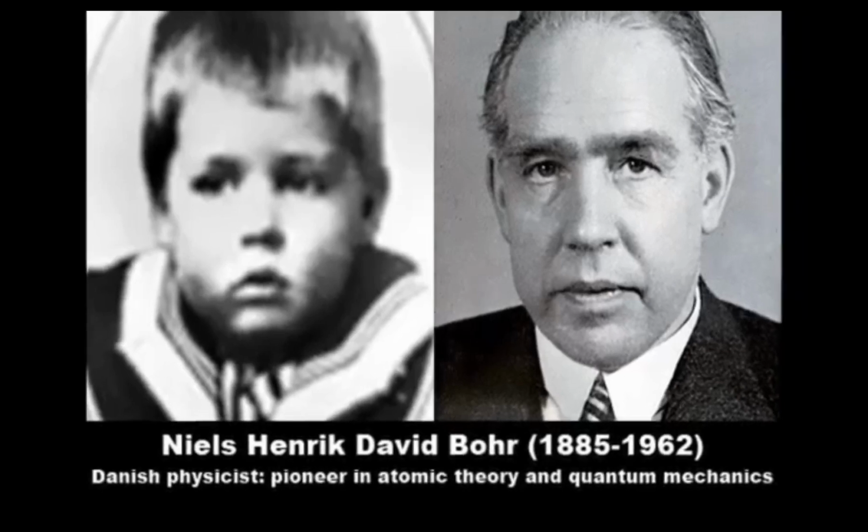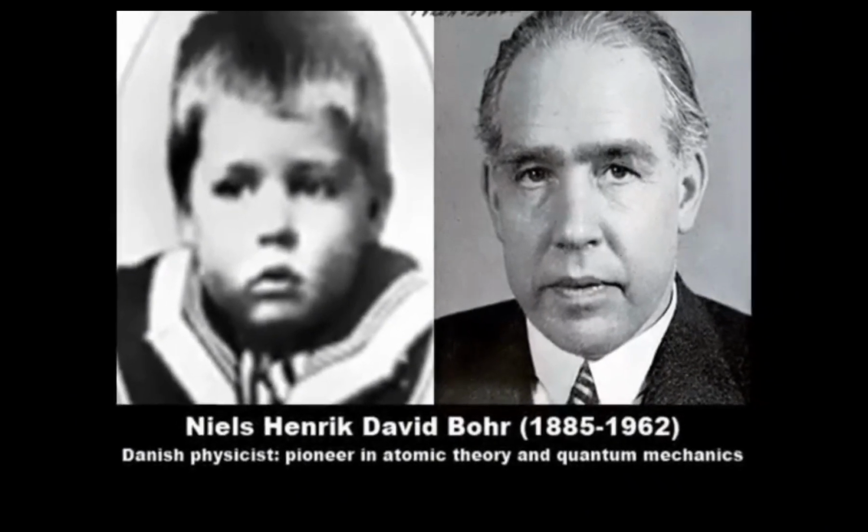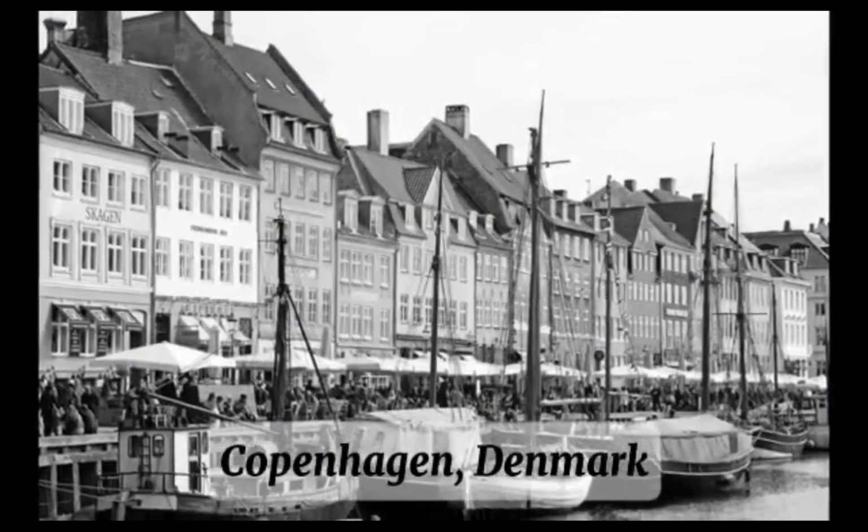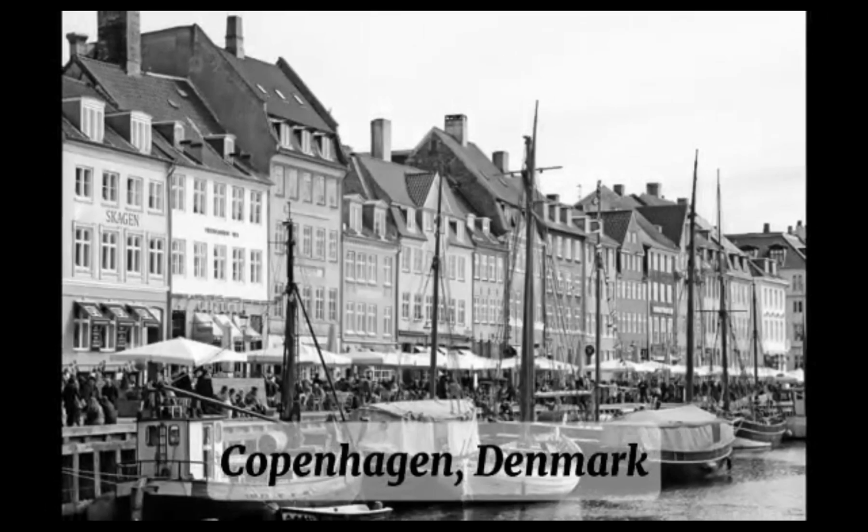Niels Bohr was born on October 7, 1885 in Copenhagen, Denmark, and died on November 18, 1962 in the same location. He completed a PhD in physics in 1911 from the University of Copenhagen.